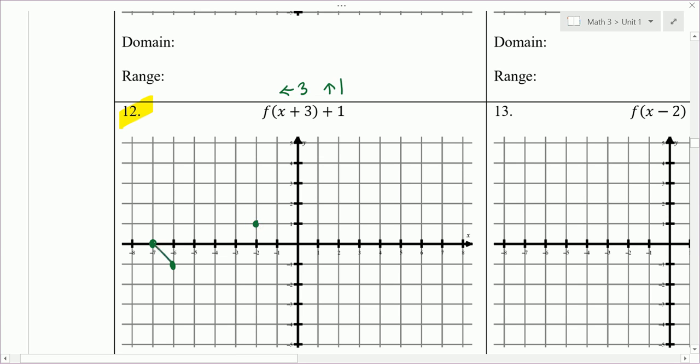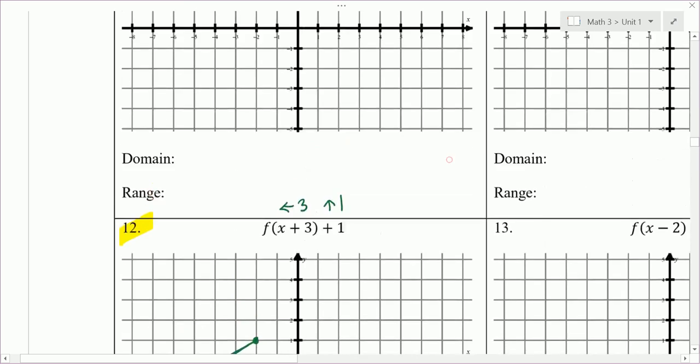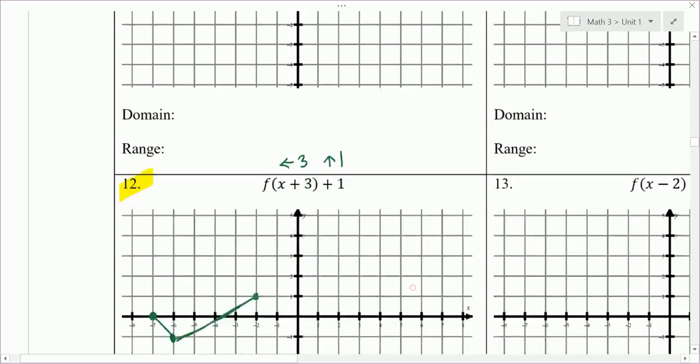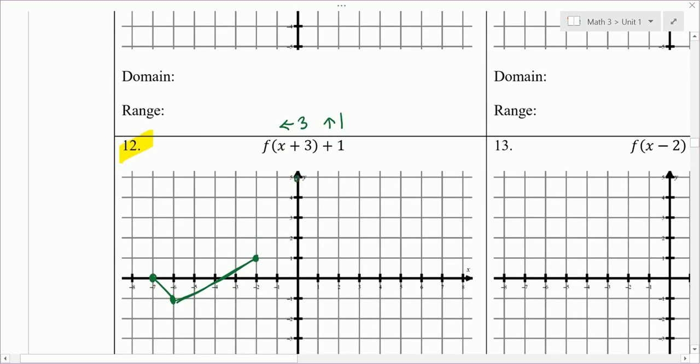You can start to connect these. Then we have this curve from the third to the fourth point. The fourth point is at 3, 4. I'm going to move left 3 up 1, so I'm going to be at 0, 5. And we got this upward curve.